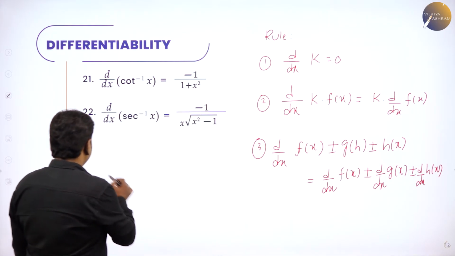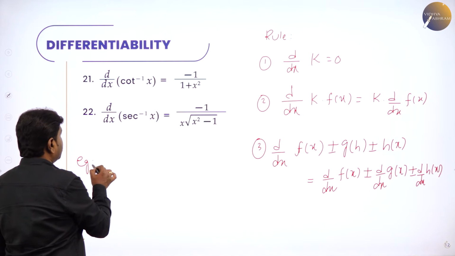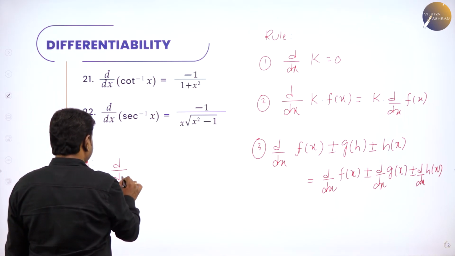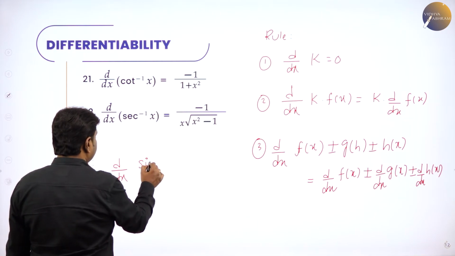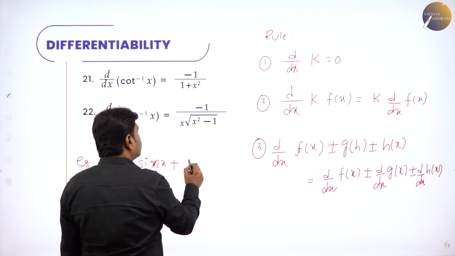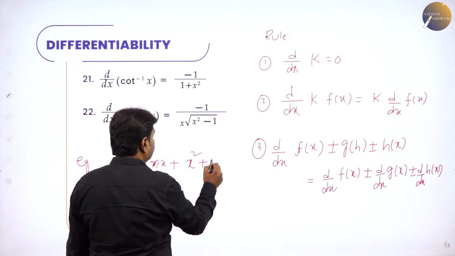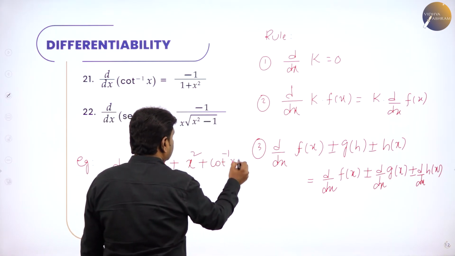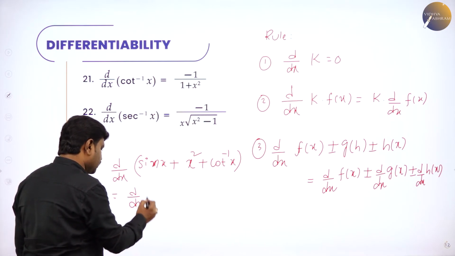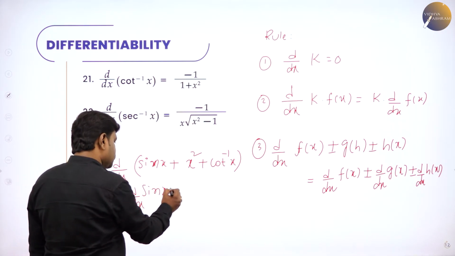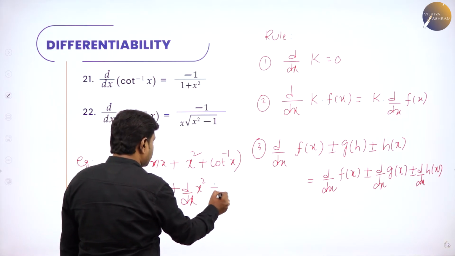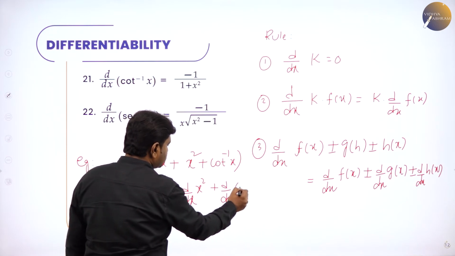For example, if you have d by dx of sin x plus x square plus cot inverse x, suppose, then you can apply d by dx for each. It will become d by dx of sin x, plus d by dx of x power 2, then plus d by dx of cot inverse x.